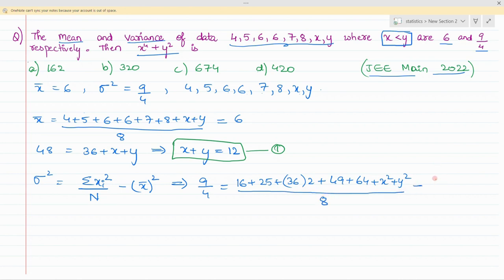Again mean you have 36 plus x plus y upon 8 whole square. Just simplify this.